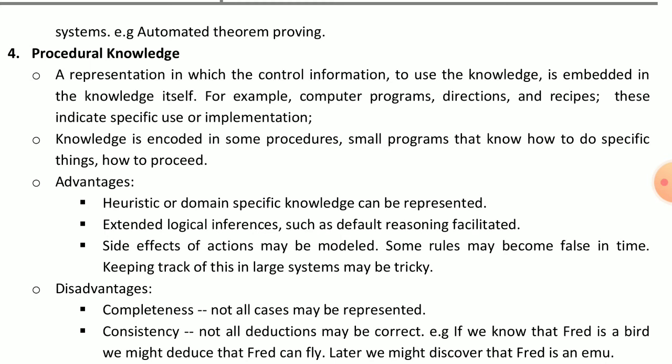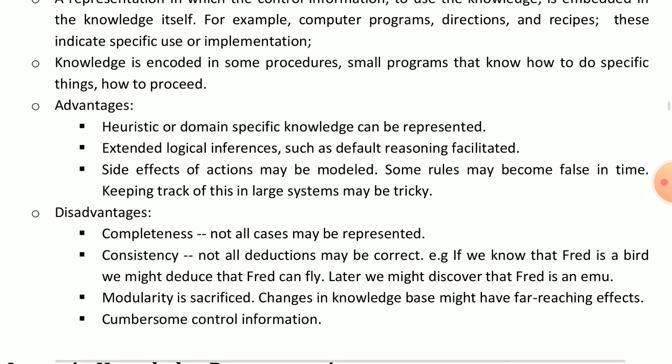Now the advantages and disadvantages are given. In advantages, heuristic or domain specific knowledge can be represented. We can use only domain specific knowledge, which has a specific domain. Then we can use default reasoning facility, meaning by default whichever facilities are given, we will use those facilities.